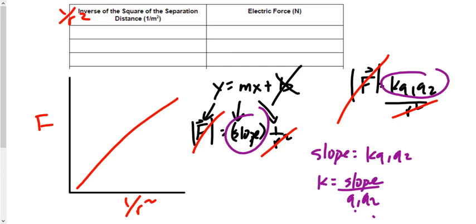Otherwise, you're going to get a value that's way off, by a factor of 10 to the 12, actually. What's your conclusion going to be? What's the value of Coulomb's constant? So your conclusion is: the value of Coulomb's constant is blank newtons times meters squared per coulomb squared.